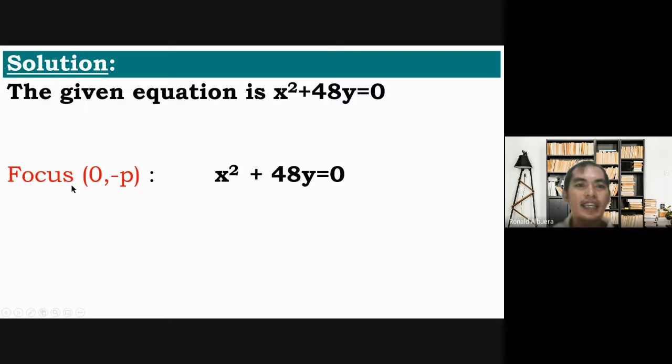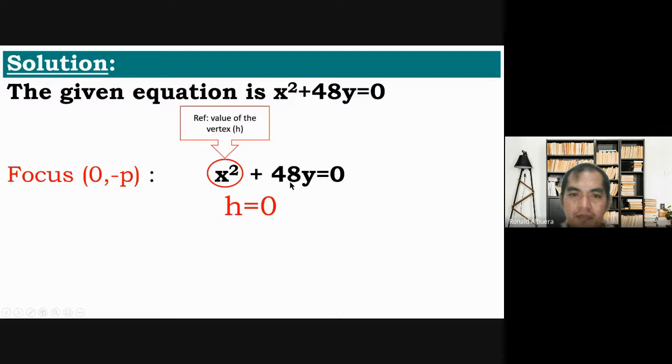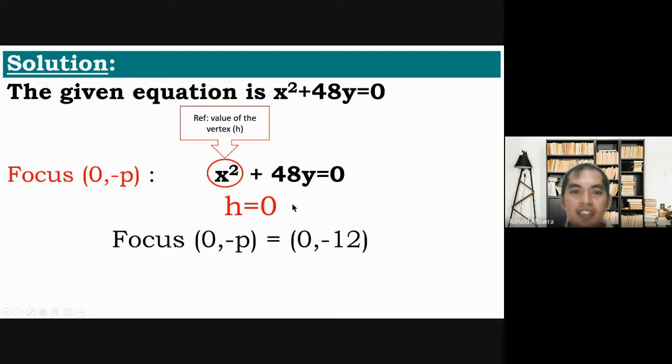Okay, proceed tayo. How about for the focus? Ito na yung sinasabi ko kanina. Focus is a point. It's easy. You just divide 48. Yan ang reference natin. H equals 0. So, ang focus natin ay itong 48. 48 divide 4 is 12. And that's negative.